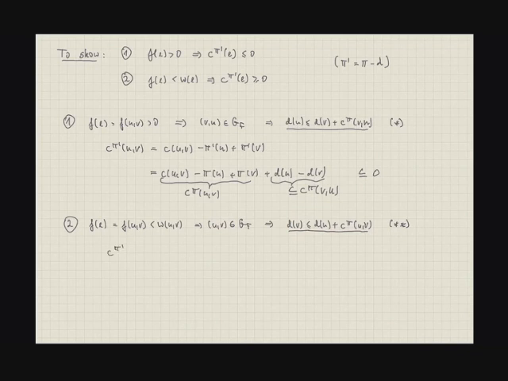So c prime from u to v, again by definition, that's the cost from u to v minus the potential difference, pi prime of u plus pi prime of v. And now let me just shortcut. This is just equal to the old reduced cost from u to v plus the distance difference, so plus d of u minus d of v.